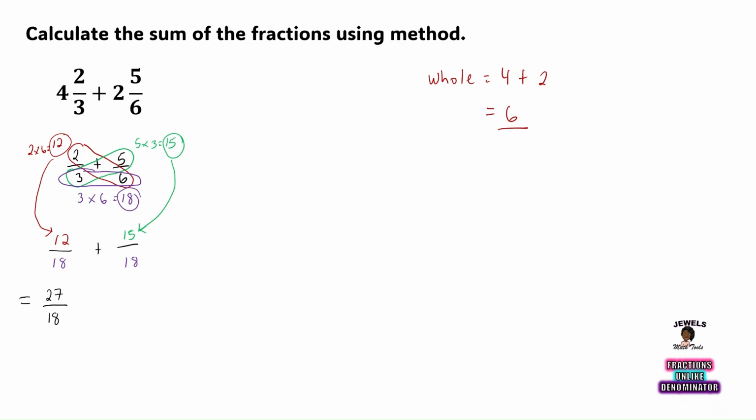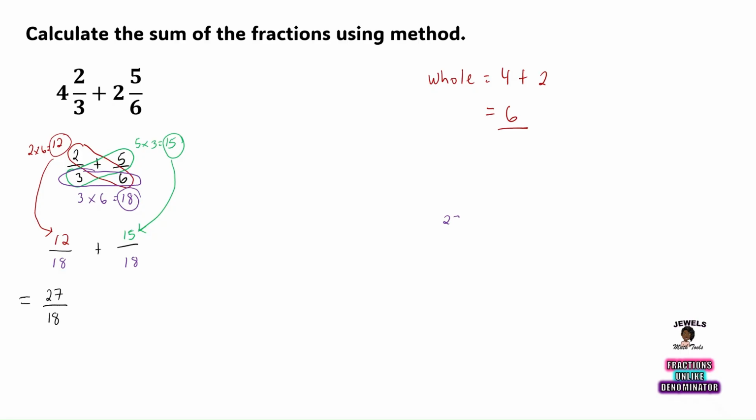So now what I'm going to do first is simplify my fraction first, and then I will go into the next phase of converting this fraction back into its mixed fraction form. So let's begin by simplifying our fraction. I'm going to simplify it on the side so that I can save a little bit of space where my working is.